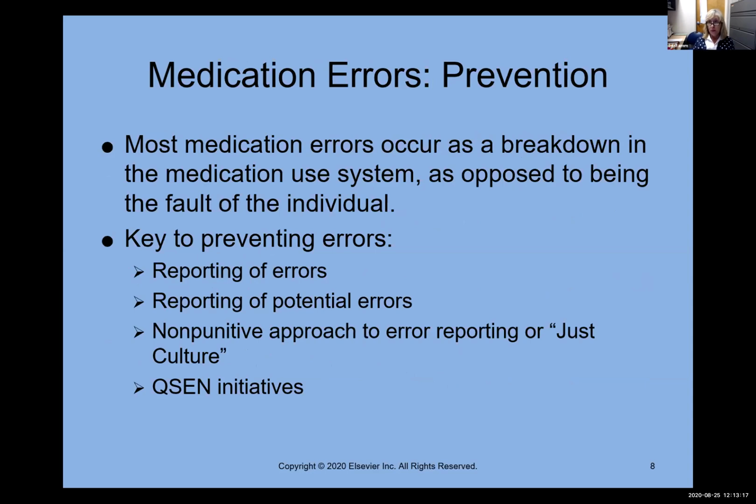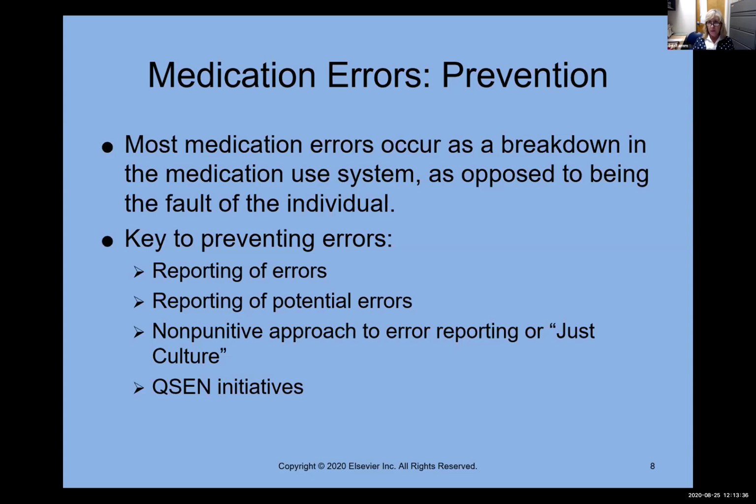And there's a very specific chain of command that has to be followed in any facility, whether that be nursing home, whether that be the hospital, an outpatient unit, any area is going to have a very specific policy on reporting medication errors.